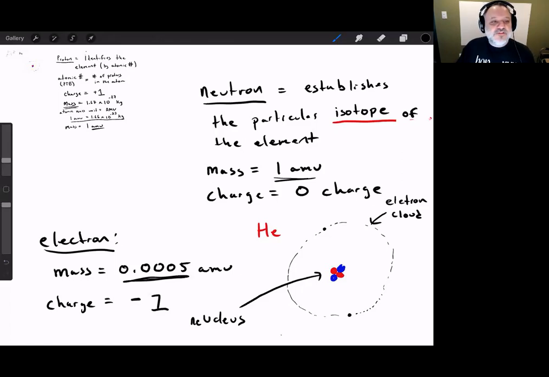And so let me just summarize again where we're at. We've identified the atom, and we've used the model of a little dot to represent what an atom is. And that's okay until we really start to look inside the atom at the subatomic particles.